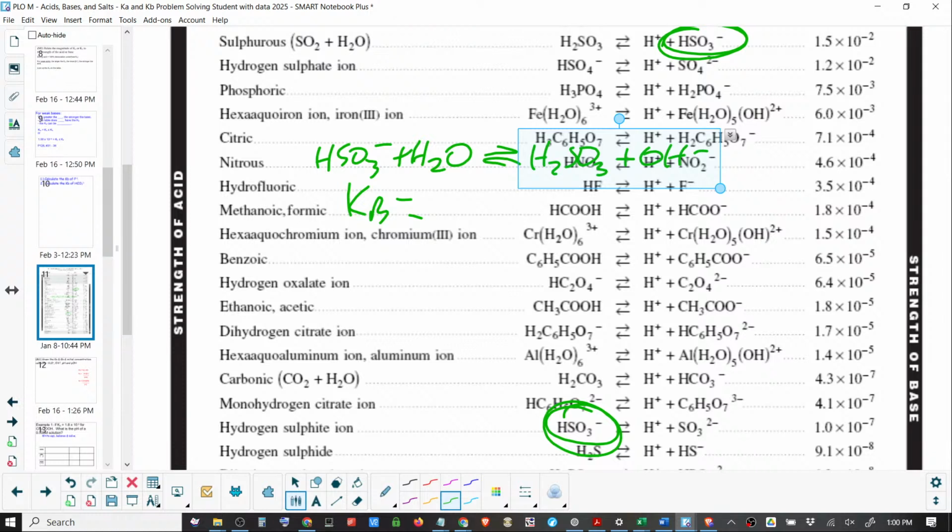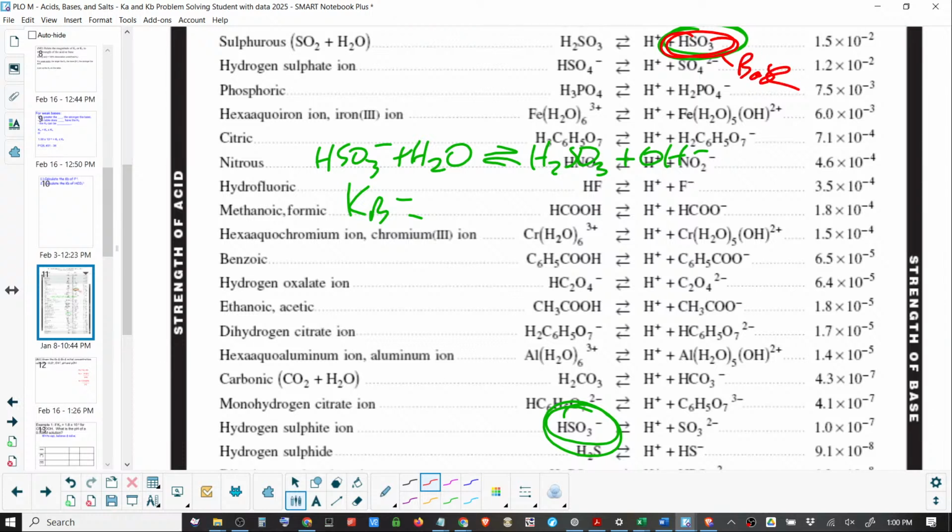Because you have two choices now. If it's being used as a base, which one has its Kb? Which one's the base one? The sulfurous. This is where it's acting as a base.